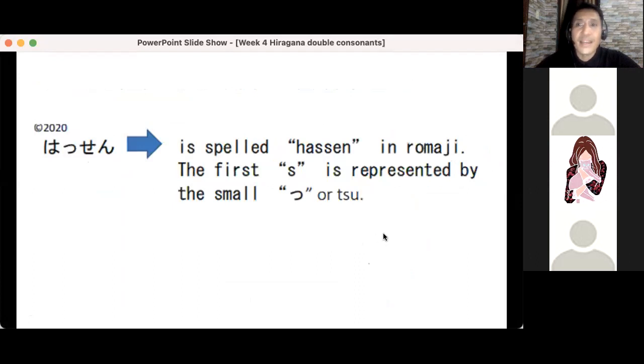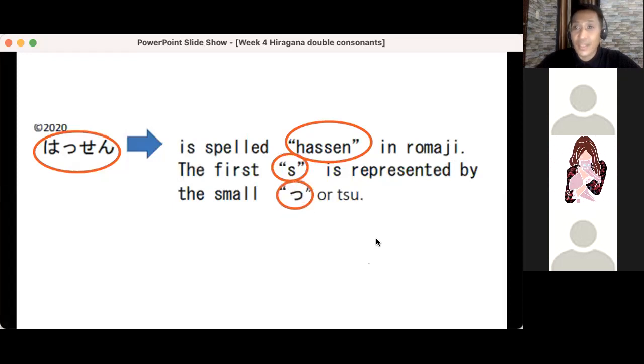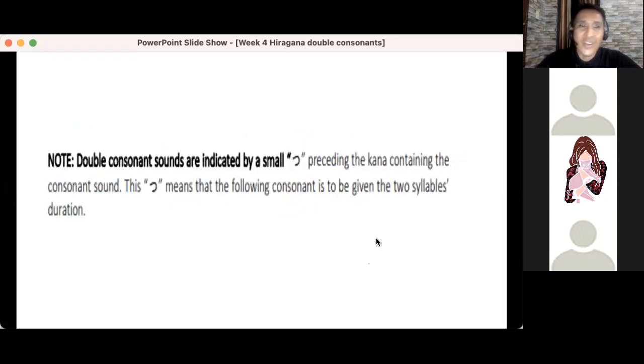Okay? Now, hassen is spelled hassen in Romaji. The first S is represented by the small tsu.